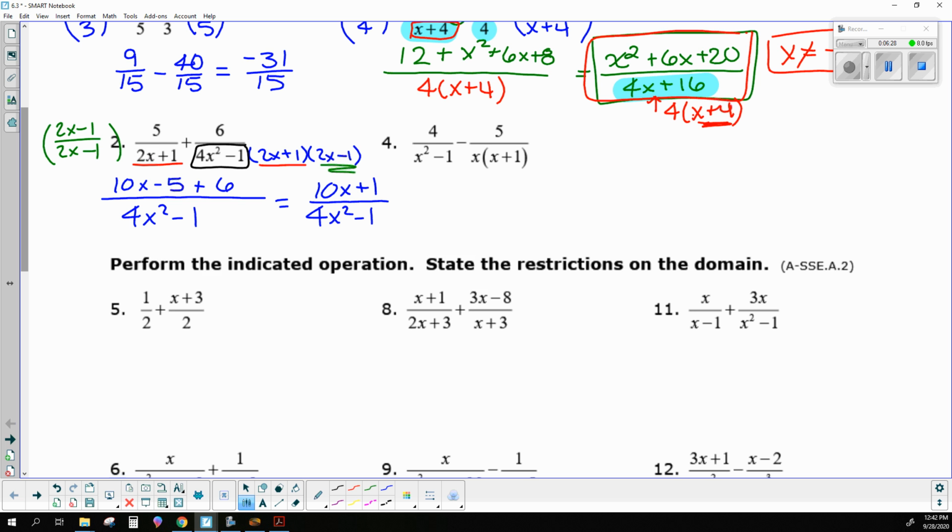And your restrictions are, look at your denominators, x cannot be plus or minus 1/2. Set each one equal to 0, and you end up getting plus half and minus half. So your answer is that.